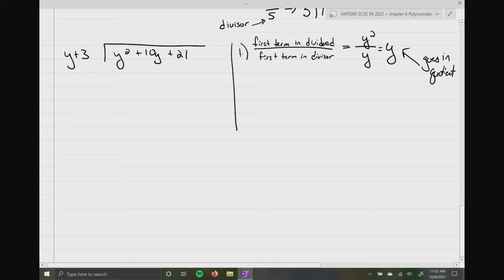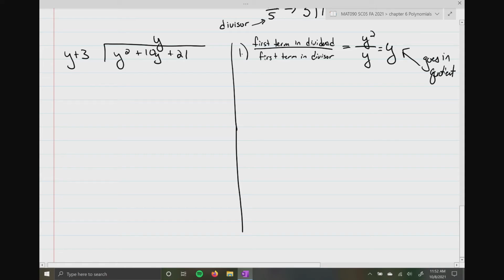Whatever that happens to be, you will write in the quotient. Now, that is y to the first. Does everybody agree with that? So I'm going to put it directly above the y to the first term in my dividend. So there's step one. Are we all on the same page so far?